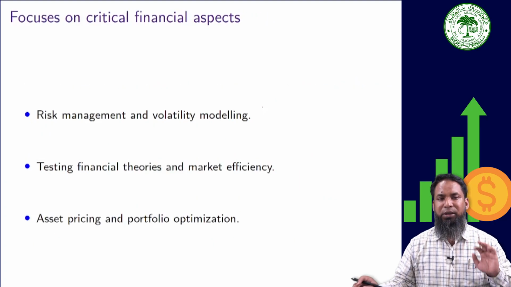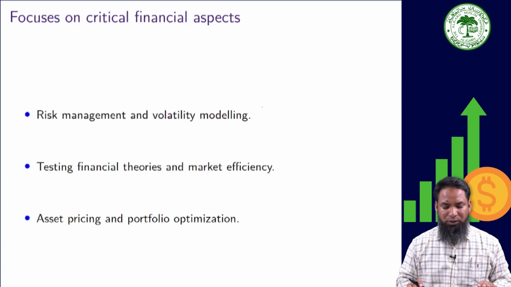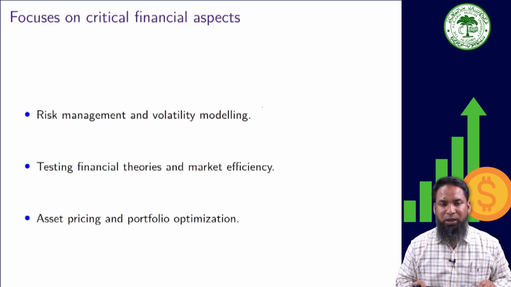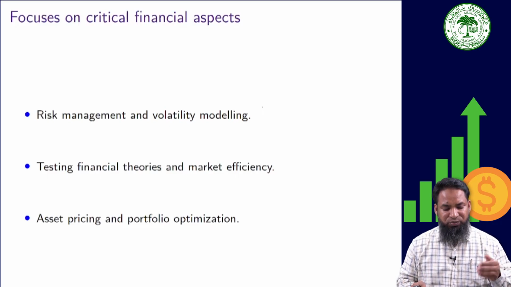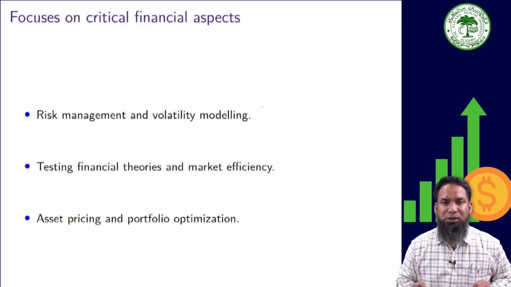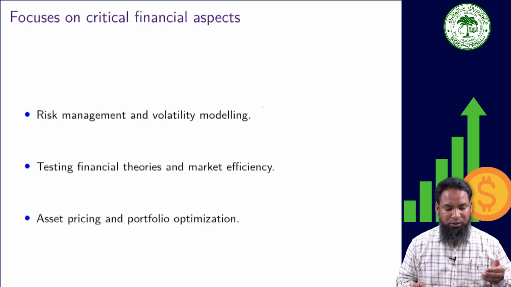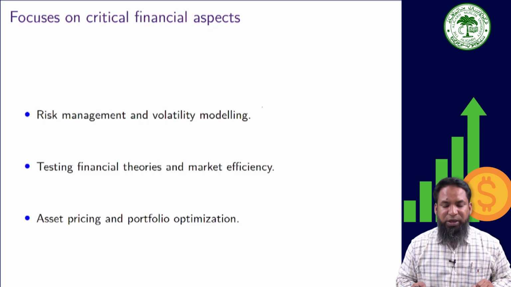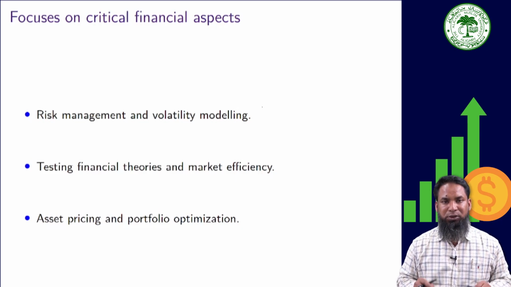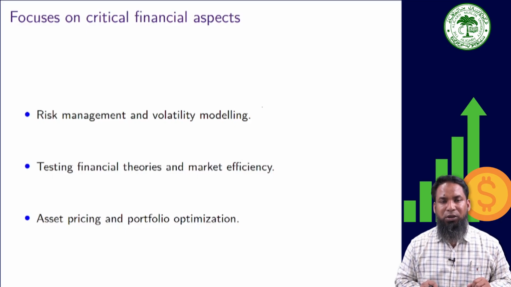The second aspect of why we need a separate branch comes from the special focus of the financial aspects. Let us say here the risk management and volatility modeling. In most of econometrics, we are concerned about the variable itself, or the return or the prices, or the mean structure of the process.